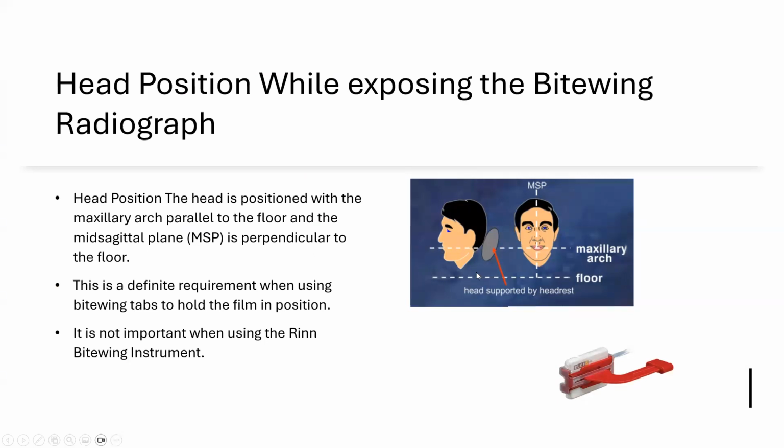Maxillary arch is parallel to the floor and mid-sagittal plane is perpendicular to the floor. This is a definite requirement if you are using bitewing tabs to hold the film in position, like the classical method of taking the X-ray. But if you are using the Rinn bitewing instrument, this one, then it is not important.